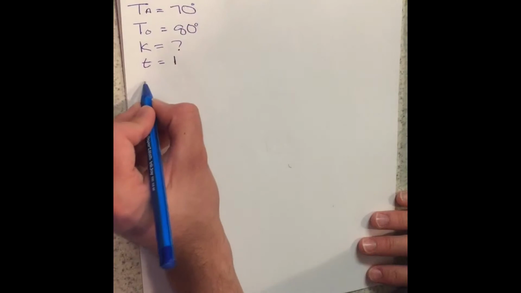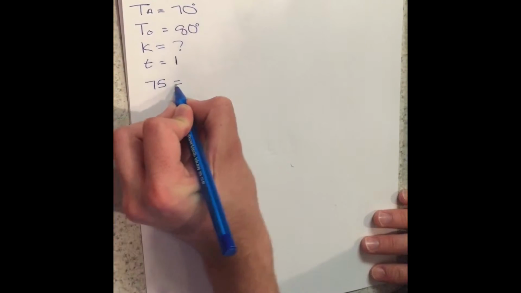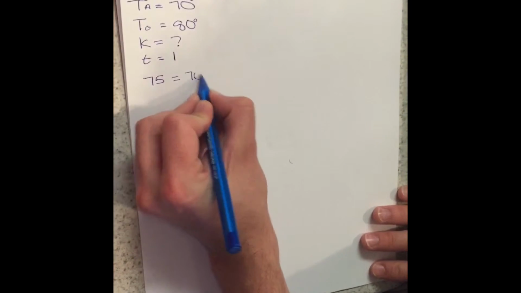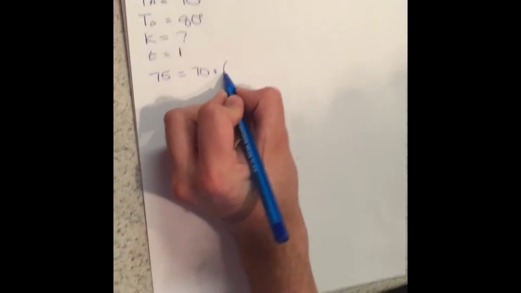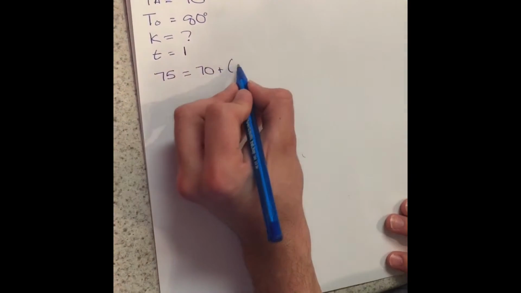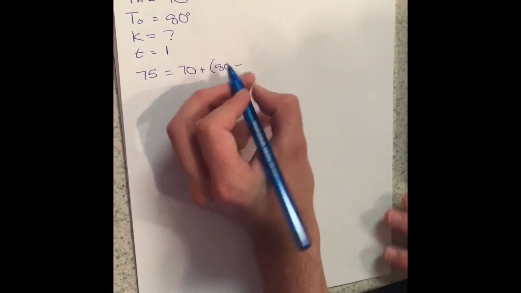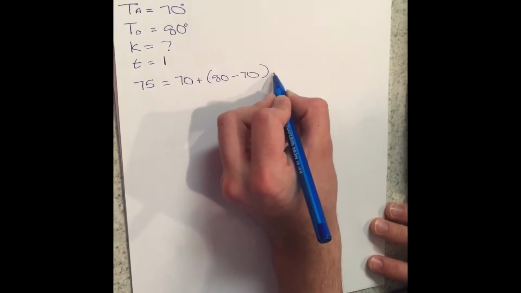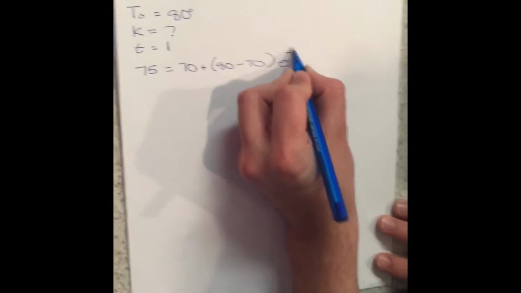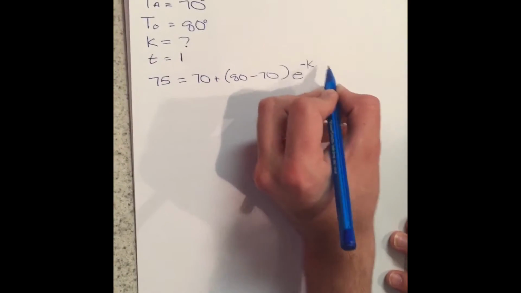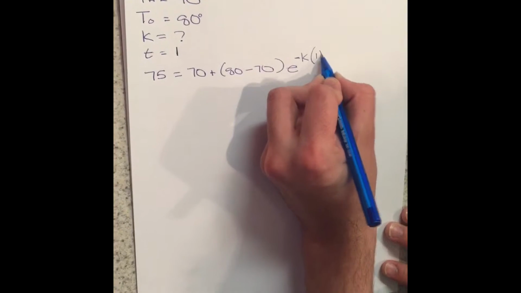So big T, which is 75, equals T ambient, which is 70, plus 80 degrees, which is your TO, minus TA, which is 70 again, close parentheses, e to the negative k, which is what we're solving for, times t, which is just 1.